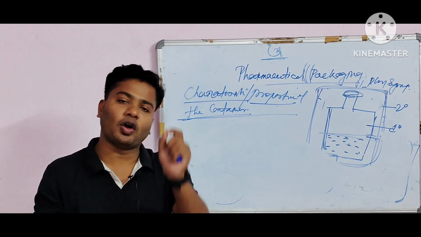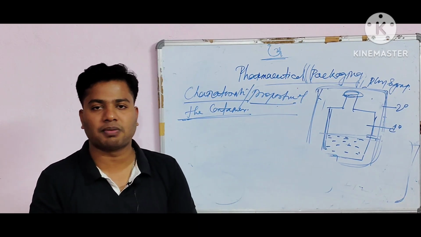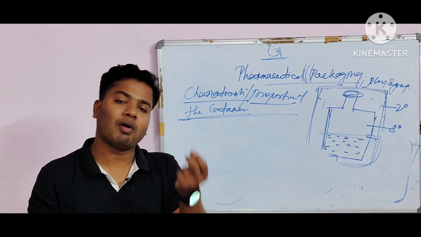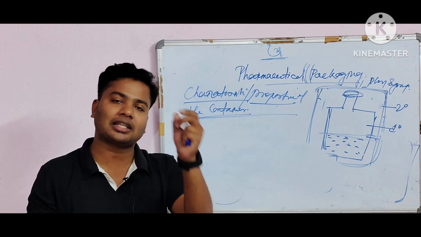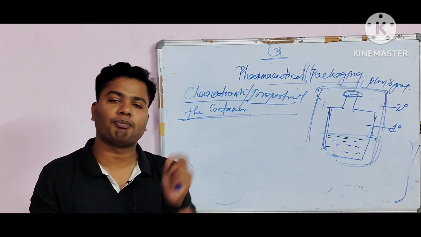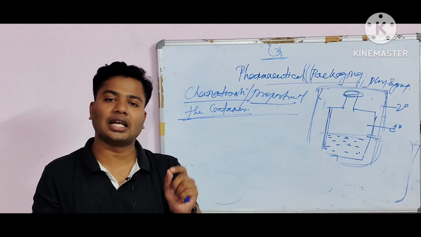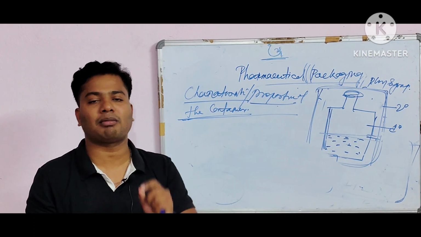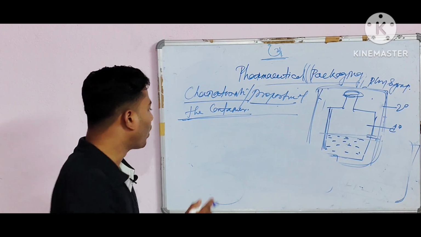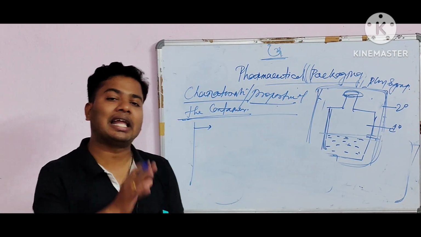So which type of container you have to choose for the best packaging of the liquid dosage form? According to the properties, you have to choose the best container for the packaging of pharmaceutical liquid dosage form.